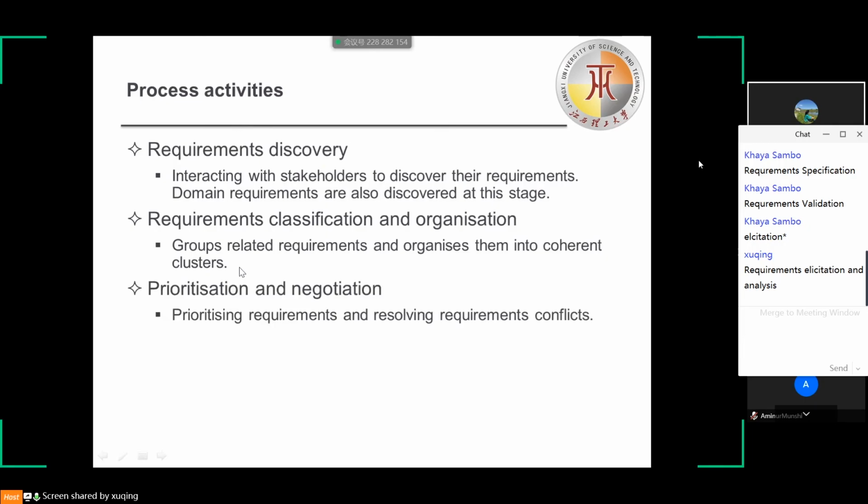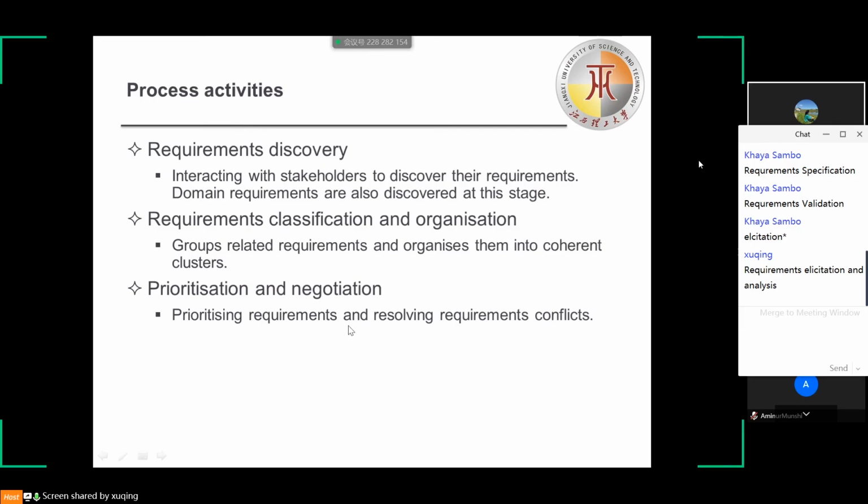The third activity is the prioritization and negotiation. Here, we prioritize requirements and resolve requirements conflicts. As we see, when we have multiple stakeholders, requirements may create some conflict.